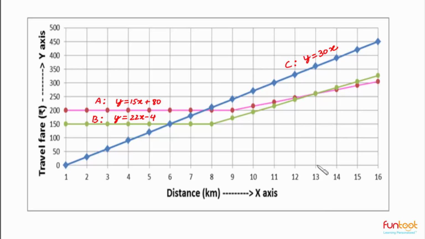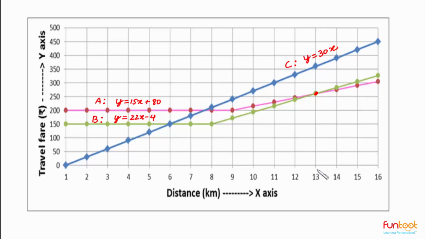And also we can see that at x is equal to 13, that means here the graph of taxi service A and B is intersecting. That means for 13 kilometers, fare is same for taxi services A and B. And after that, the graph of taxi service B is going over the graph of taxi service A, which is represented in pink here.